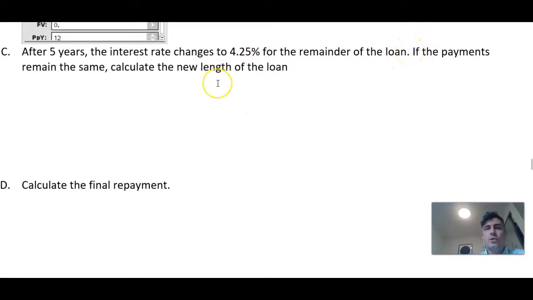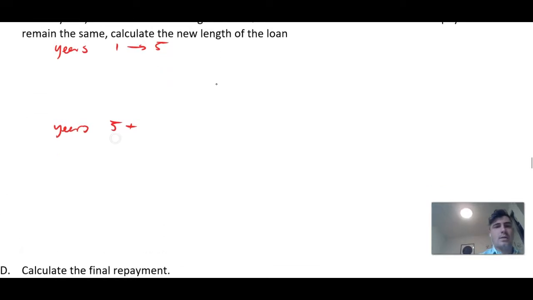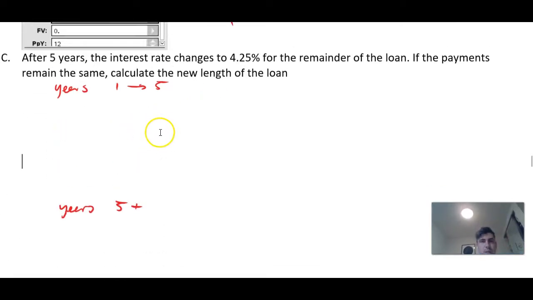So now we've got two different blocks of the loan. We've got the first block, which is years 1 to 5, and then we've got years 5 plus. We're going to have to calculate each one separately. One is a separate finance solver calculation. Our I is now 4.25. And we're going to have to work out where we get to in the first 5 years first of all.